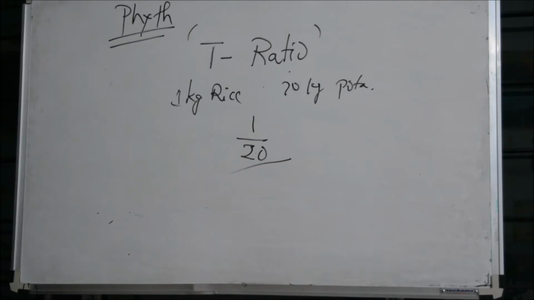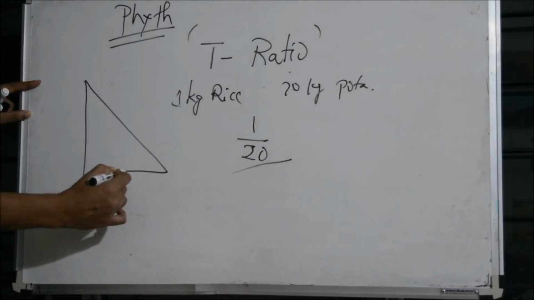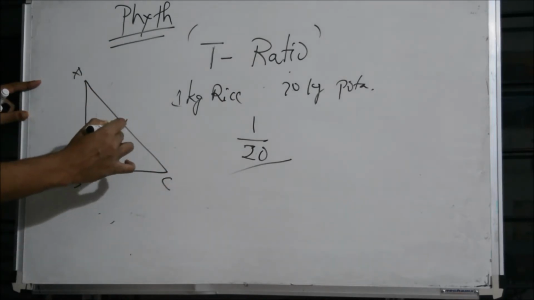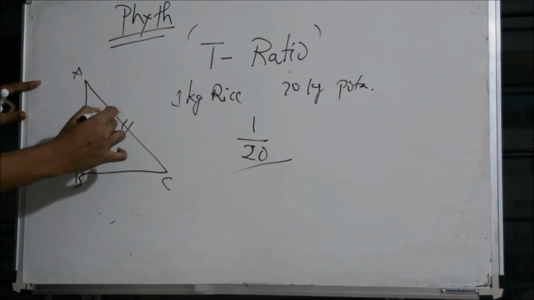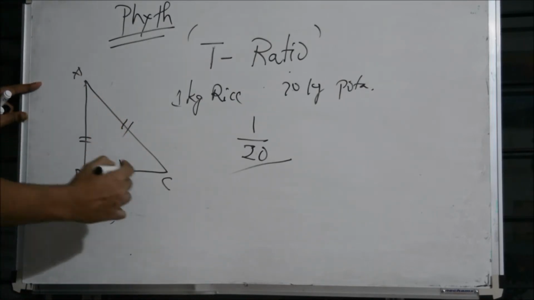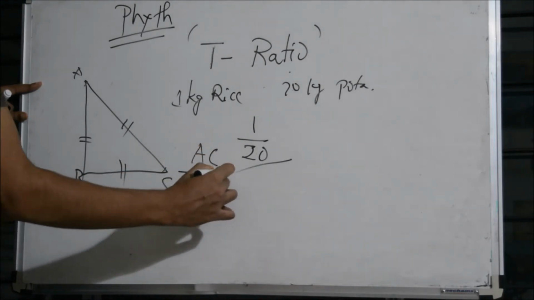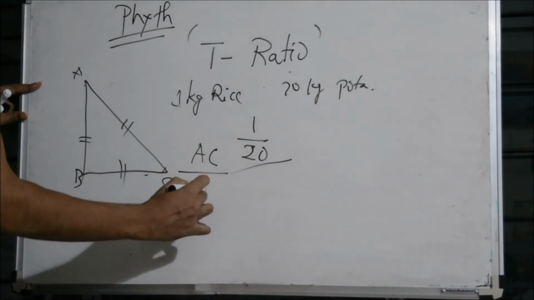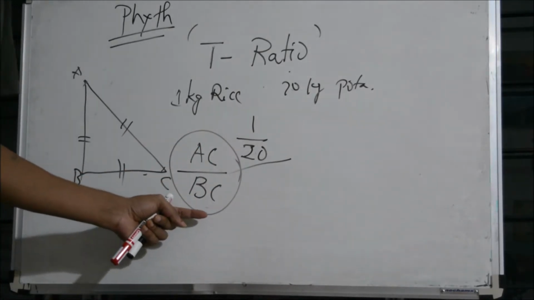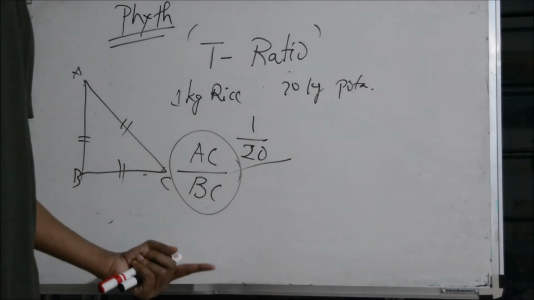Now what is a trigonometric ratio? In a triangle, suppose this is triangle A, B, C. You have sides AB, AC and BC. Now when you find the ratio of the sides, suppose AC, one side, divided by BC, another side, these ratios are derived in terms of some trigonometric values.